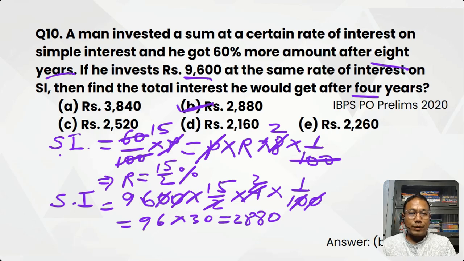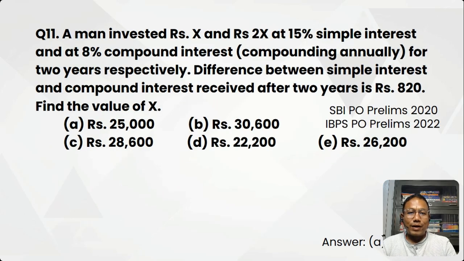This is IBPS Prelims 2020 question. You want to solve more? Okay, this is very common. Question number 11 was asked in the year 2020 and in the year 2022. A man invests rupees x.